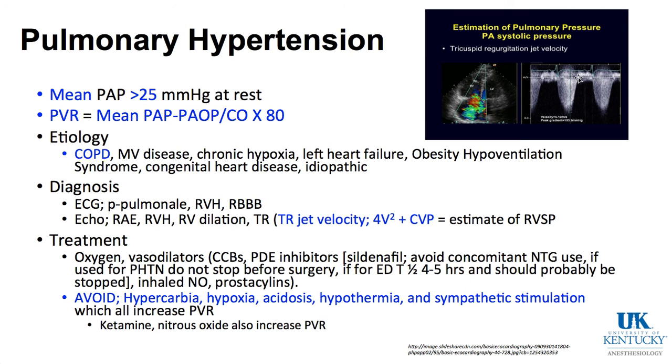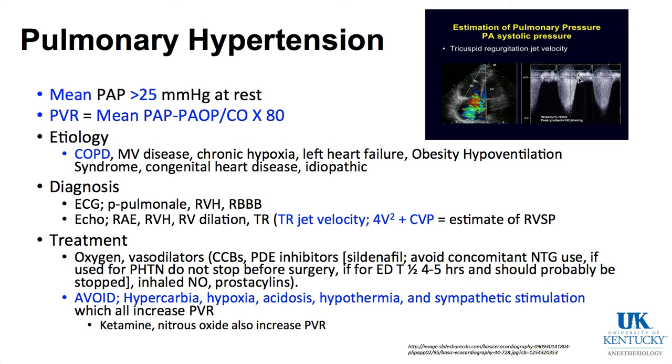And on echo, the atria can enlarge, as well as the ventricle on the right side can dilate as well as hypertrophy, and as previously mentioned, that jet of tricuspid regurgitation, the velocity of it can be used as an estimate of RV systolic pressure. The treatment for pulmonary hypertension is to correct hypoxemia by administering oxygen, vasodilators such as calcium channel blockers and phosphodiesterase inhibitors such as Viagra or sildenafil.